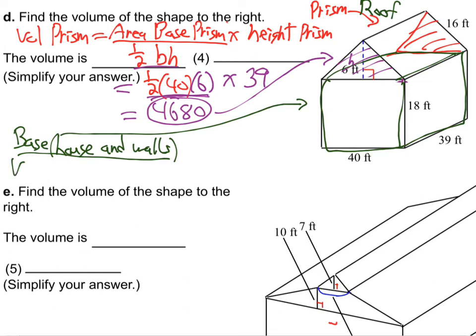Well, the volume of any shape that comes straight up, right? This house, the walls come straight up. We're ignoring the roof now. Just the part that comes straight up is the area of the base times the height. So what's the base? It's 40 by 39, isn't it? 40 by 39 times the height.